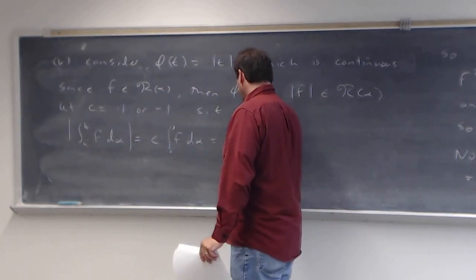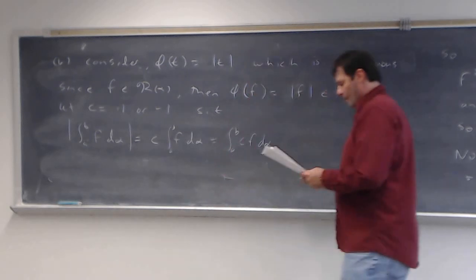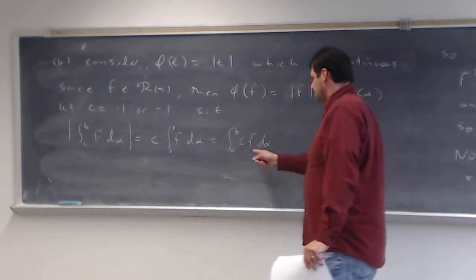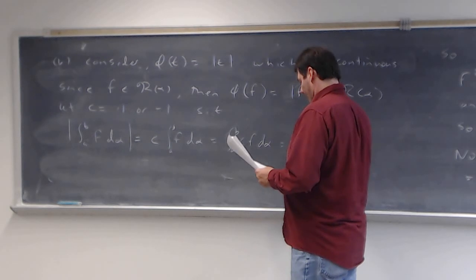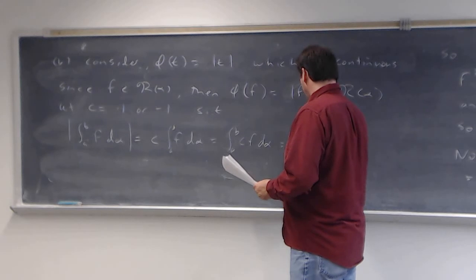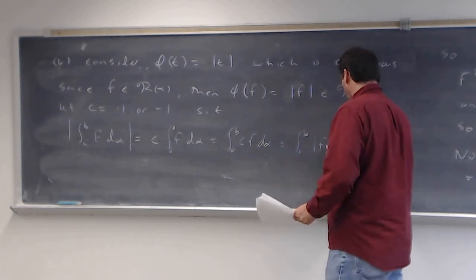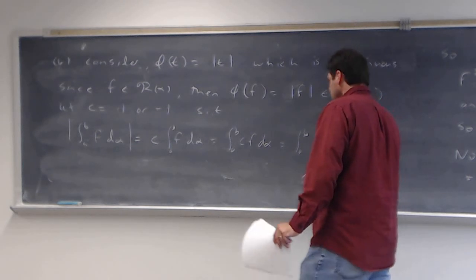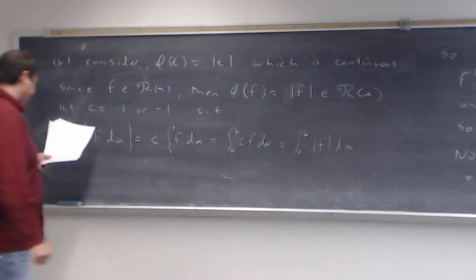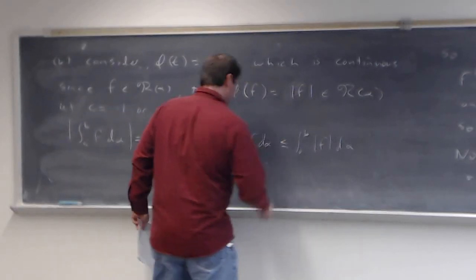That's something we've learned, properties of Riemann-Stieltjes integrable functions. And then this is nothing more than the integral of c times f d alpha. That's what we have. Or I should say it's less than or equal to the integral of the absolute value of f d alpha.